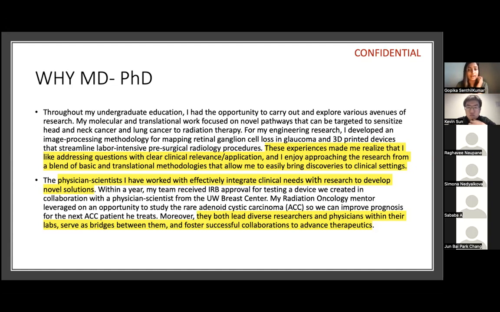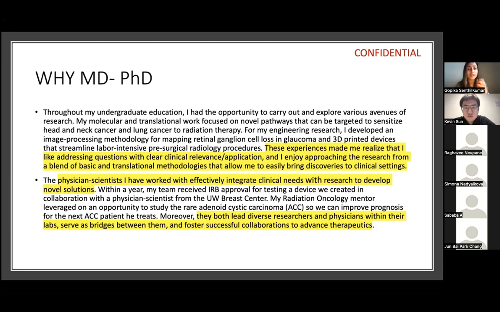And then the second part, I talk about what I've noticed in the physician scientists I've worked with. Do you have to do that? Absolutely not. That's just how I chose to convey to them that I have seen physician scientists work within labs, serve as bridges between clinics and a lab. And I've seen them do this, and I want to do the same. So the rest of the application is basically me integrating these two things, talking about my strengths and why I'll be a good MD-PhD.